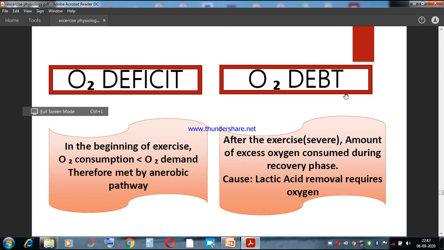What happens after exercises? An amount of excess oxygen is consumed during the recovery phase. So more and more oxygen is consumed, more than what is required. Why? Because the excess oxygen taken will convert this lactic acid and NADPH into its original source.